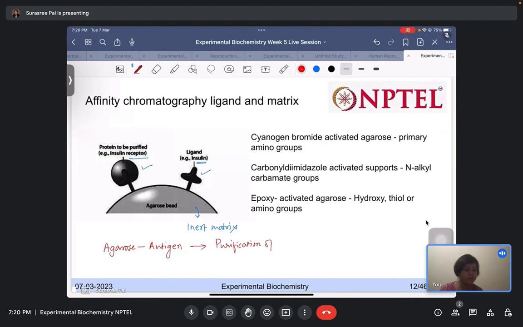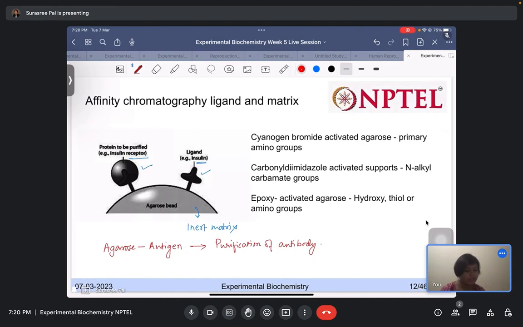Our antibody, which is specific to this antigen because the specificity comes from the antigen-antibody interaction, will bind to this antigen, and then we will be able to purify it by changing the pH of the buffer.